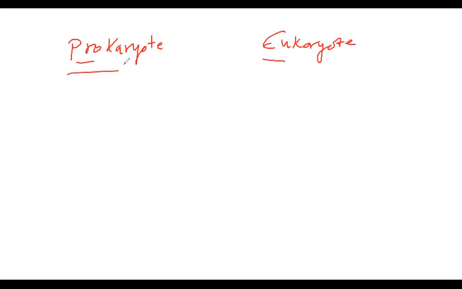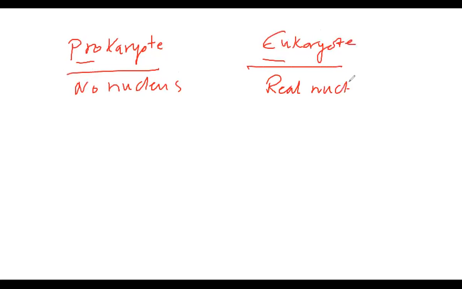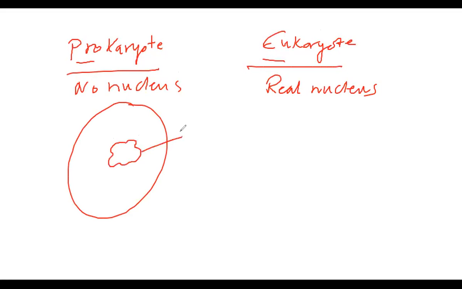Prokaryote means no nucleus, while eukaryote means real, there is a nucleus. If we want to draw it, something prokaryotic like a bacterium just has circular DNA or chromosome found in the cytoplasm, no organelles, nothing, only that.